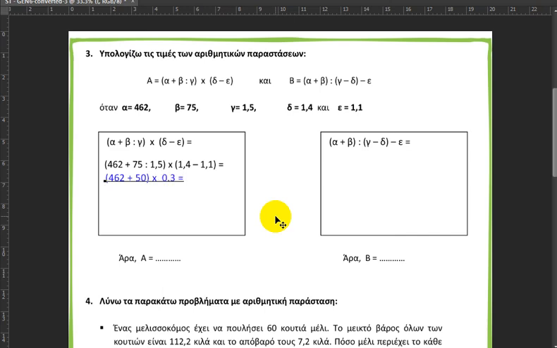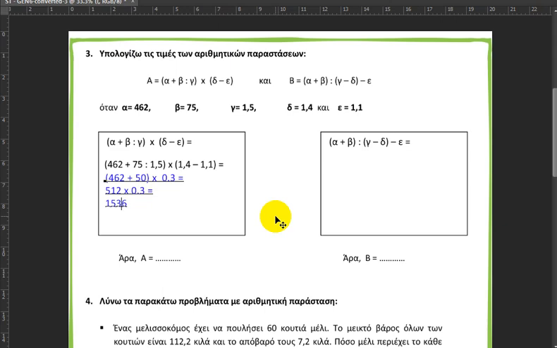And this is equal to 512 times 0.3, which is going to give us 1024 plus 512, which is 1536.